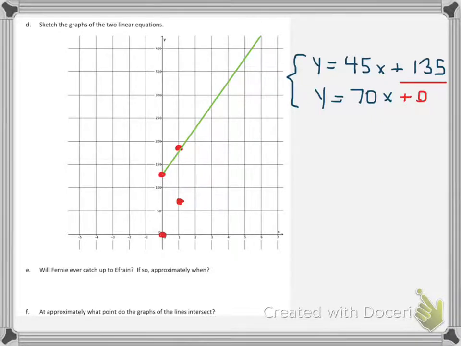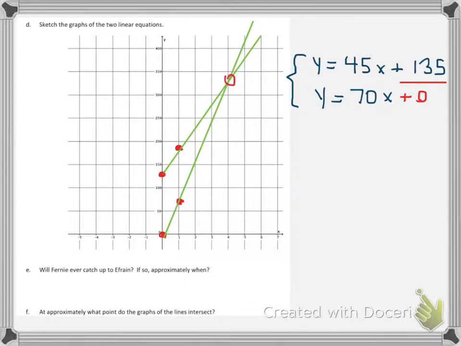And if I run a line through those 2 points, then we get something like this. Now, where is our solution? Well, it's where the two lines intersect. And where they intersect is right here.